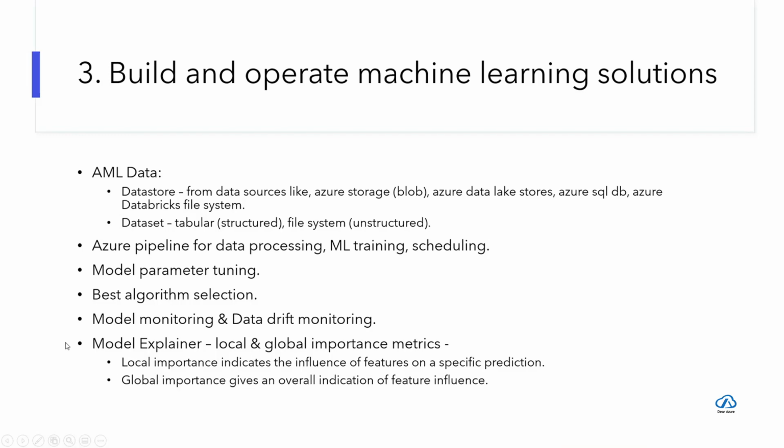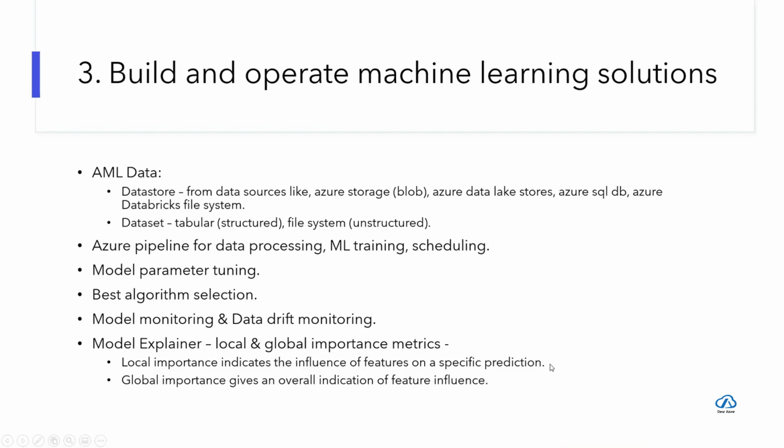And the last one is model explainer. Every time you train a model, you need to identify whether it's a good model or a bad model and why this model is giving this result. So if you use 10 features to train a model, after doing the model training, you will also get two types of graphs in the explainer section in Azure Machine Learning, which are local importance metrics and global importance metrics. Local importance indicates the influence of features on a specific prediction.